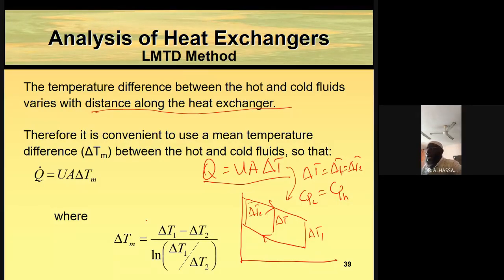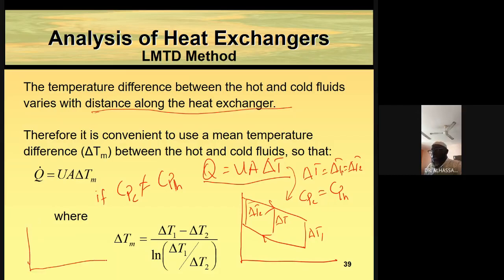So if Cp for the cold is not equal to the specific heat capacity for the hot, then we will have a different situation, where the curves go like this.